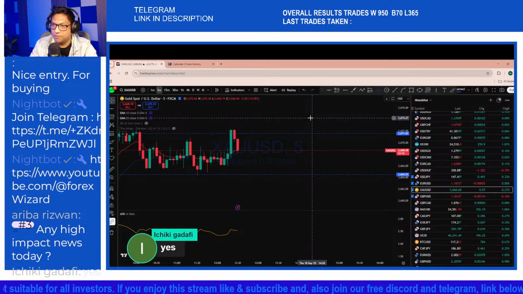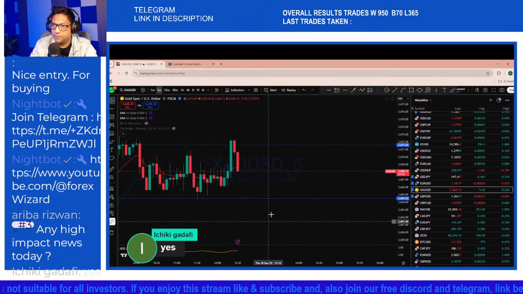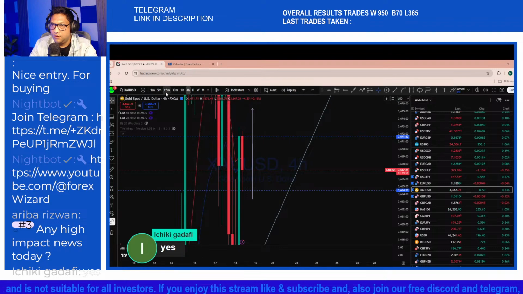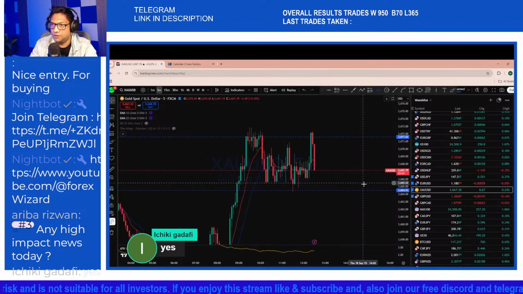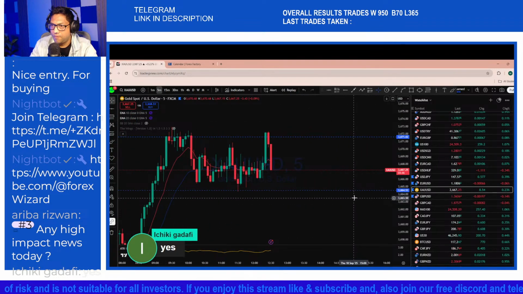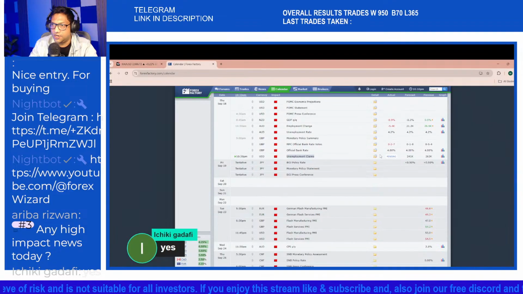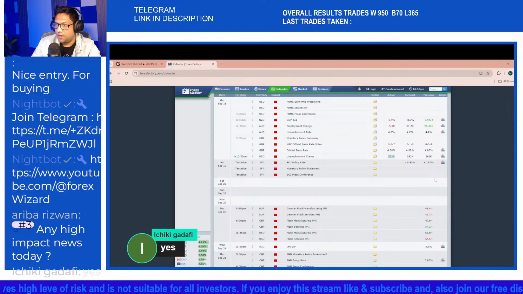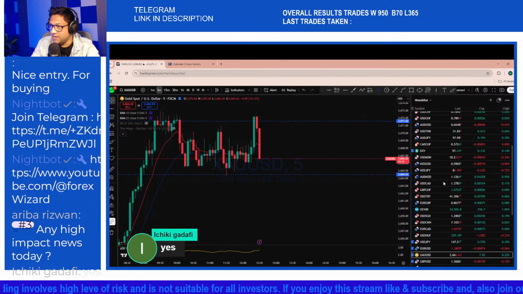Okay, we see that break below. That's a break. And what has the data come out to be? Okay, 231k. So unemployment claims drop, which is positive for DXY. That must have given some momentum to the dollar index.